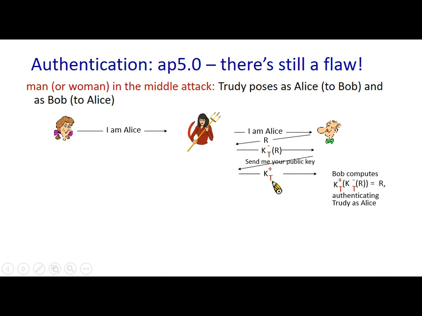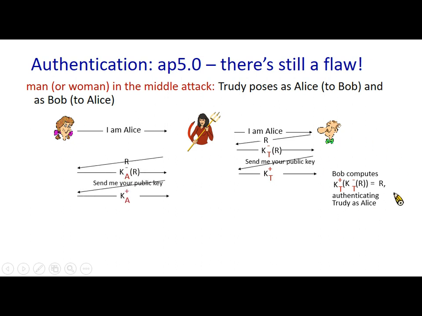Then Trudy blocks this information, so Alice doesn't understand. So Bob computes with Trudy's private key applied to R, and Trudy's public key is used to get R. So the authentication appears to be from Alice.